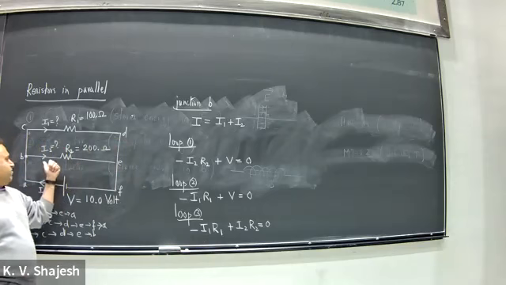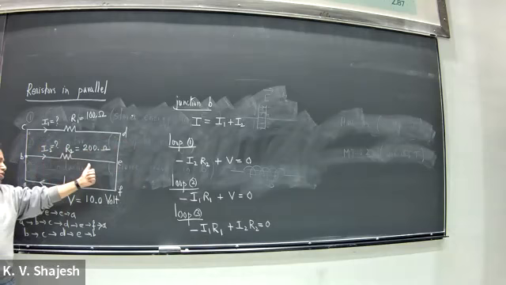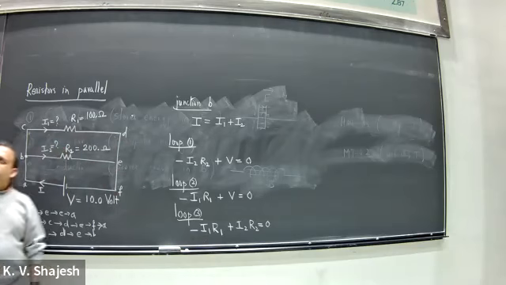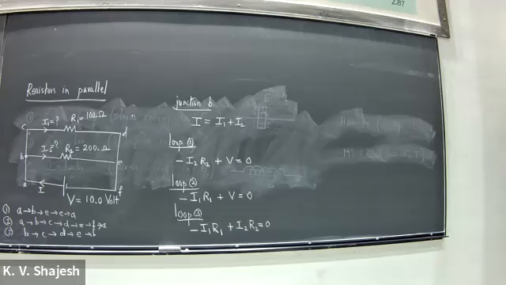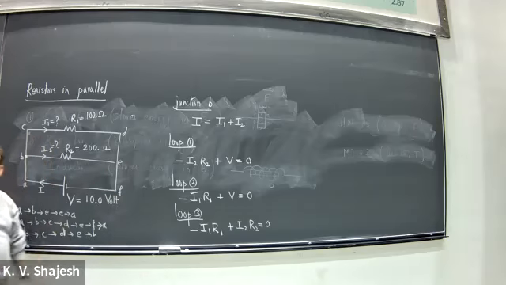If you're going against the direction of the current shown in the diagram, even if it could have been a wrong direction, you use a plus sign, and if you're going in the direction of the current, you use a minus sign. So that's a rule you can use to get the same equation. Otherwise, try to analyze whether this point is at a higher potential relative to this. So we have these 4 equations.